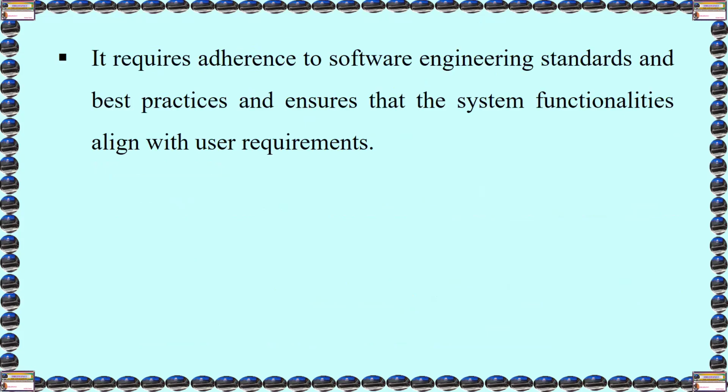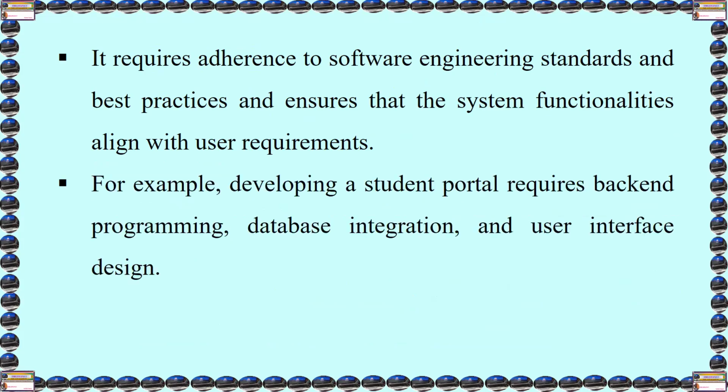It requires adherence to system software engineering standards and best practices and ensures that the system functionalities align with user requirements. For example, developing a student portal requires back-end programming, database integration, and user interface design.